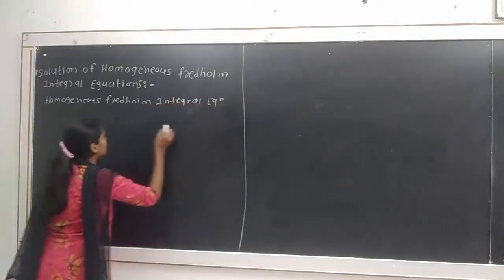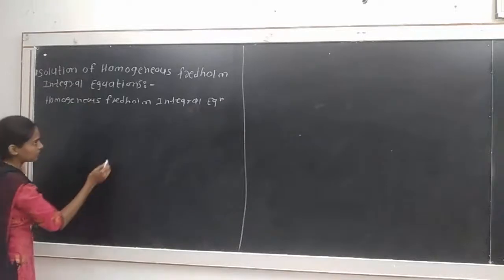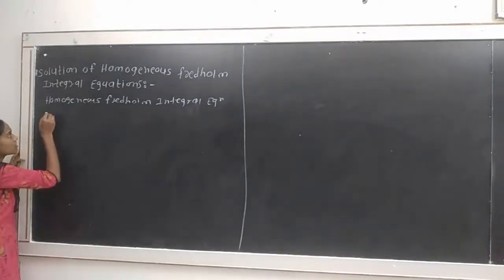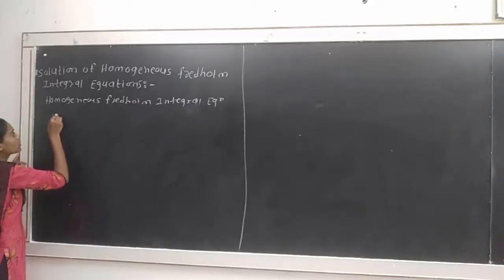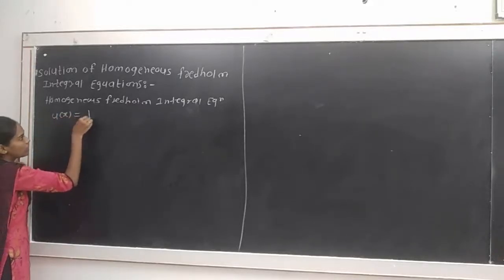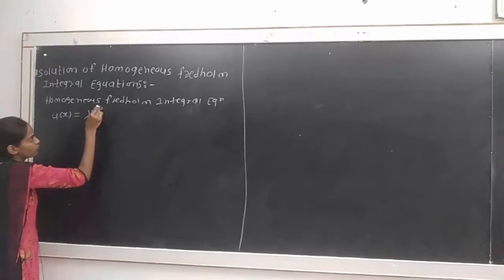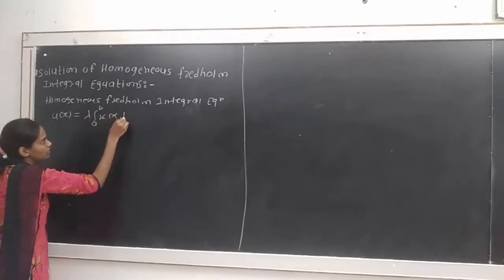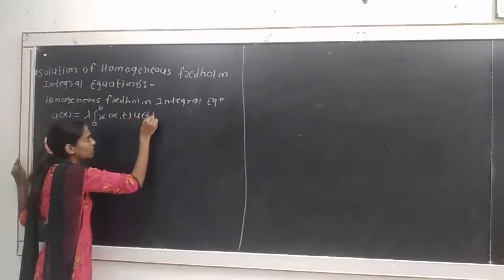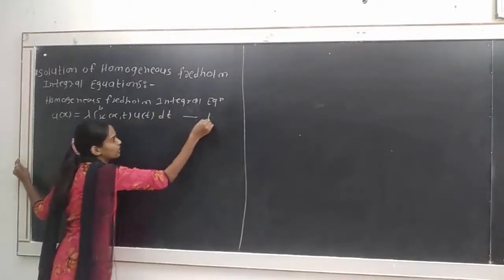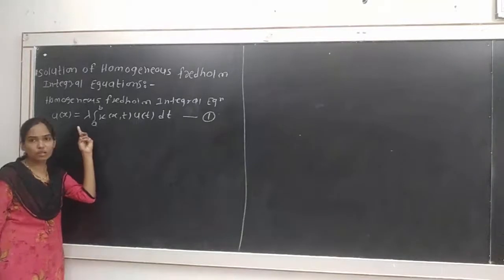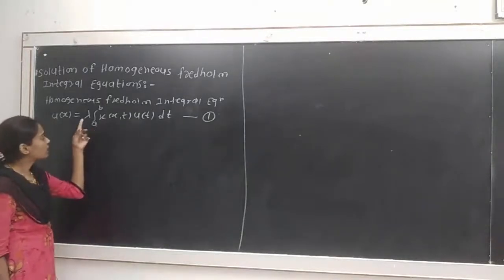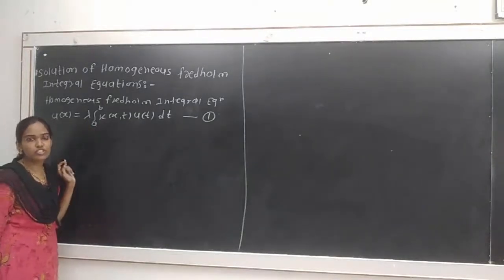We know that it is the equation in which f of x is equal to 0. That is, the equation is in the form u of x is equal to lambda integration from a to b k of x t into u of t dt. Take it as equation number 1, which is the homogeneous Fredholm integral equation. Here f of x is equal to 0.